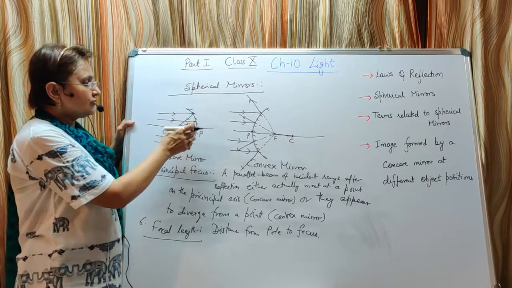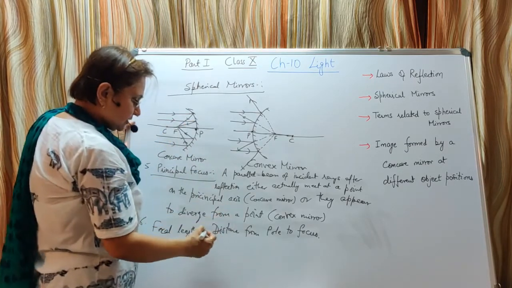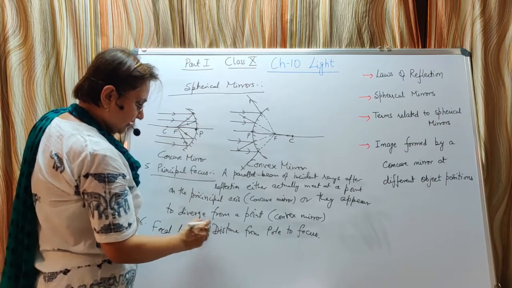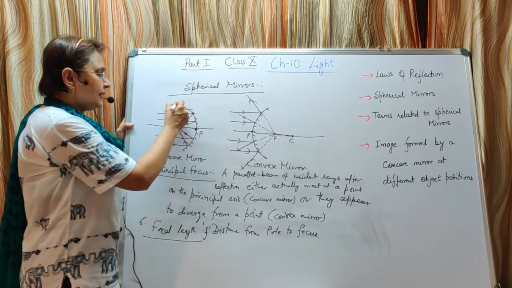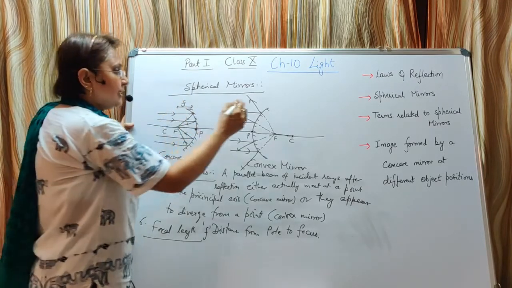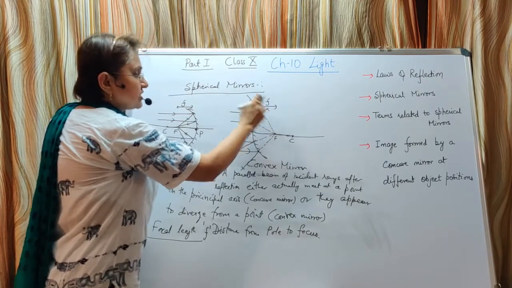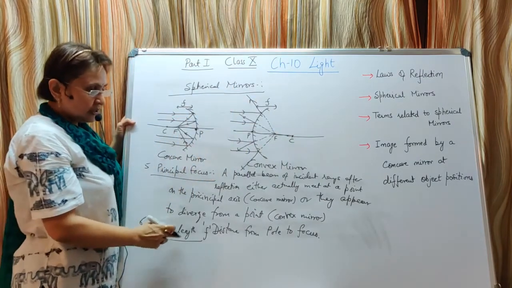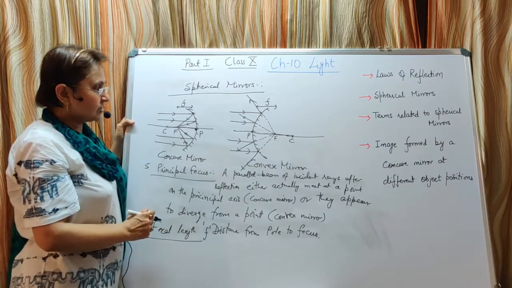So the distance from pole to focus we call the focal length and it is represented by small f. Principal focus we represent by capital F and this distance P to F we represent by small f. This distance is the focal length. So focal length is the distance from pole to the principal focus.